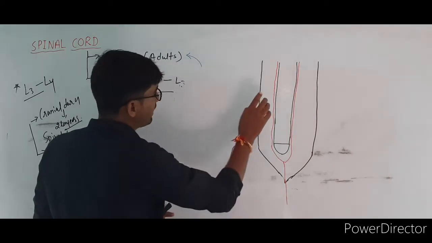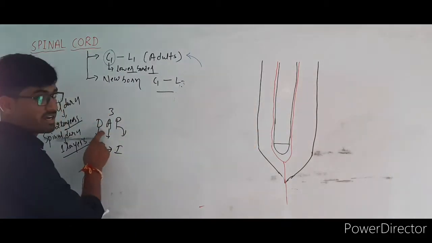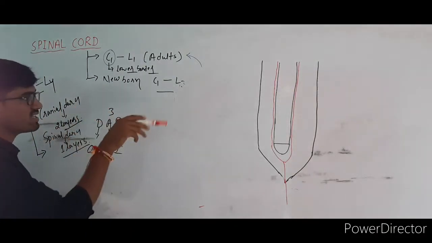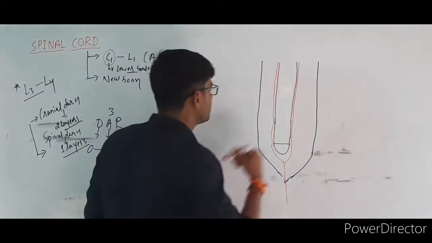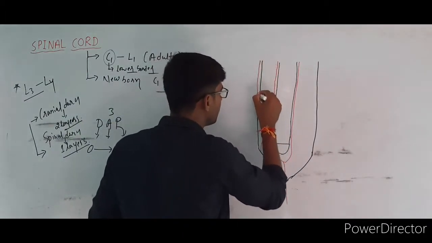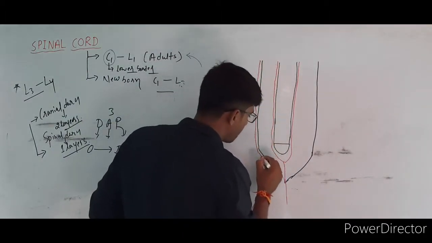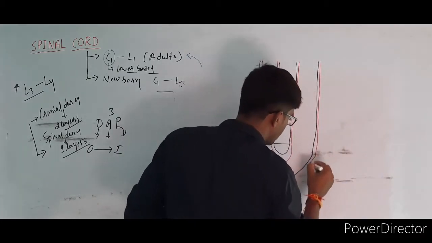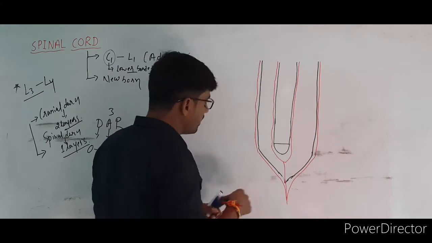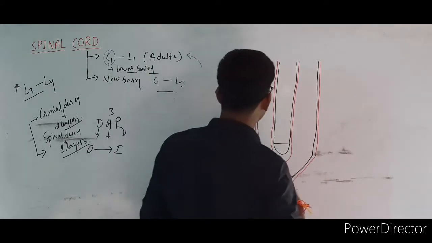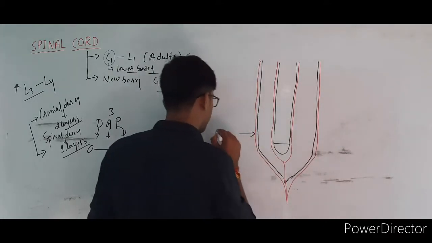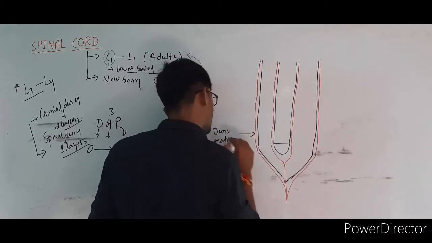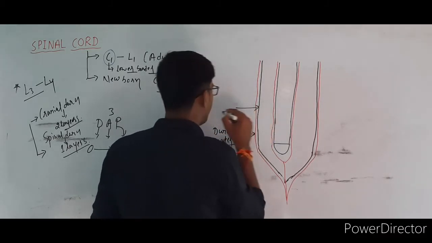And now there is the dura mater. The cranial dura has two layers, but here in the spinal cord it has only one layer, so we have to draw only one layer. If you want to give names, this is the dura mater. Here is the arachnoid.